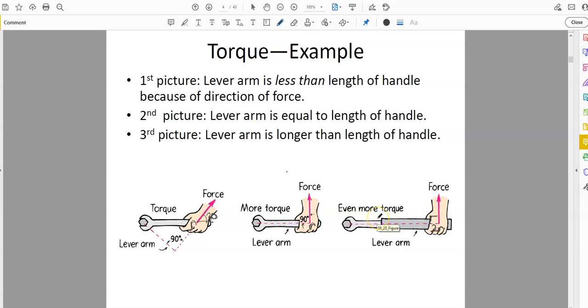So just take a moment, and I want you to try not to read this above, but rank these from largest torque to smallest torque in terms of R and F. That means you're probably going to have to do some trigonometry on 30 degrees. Okay, so pause video and try to rank each one of these as producing the most amount of torque to the least amount of torque. Pause the video now.